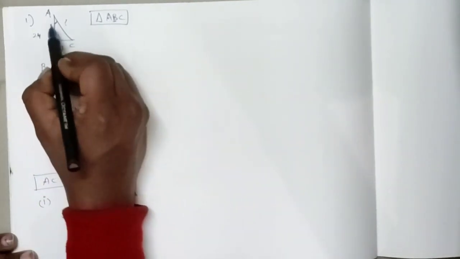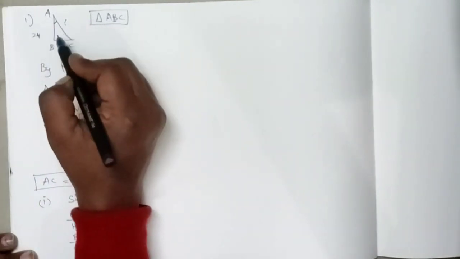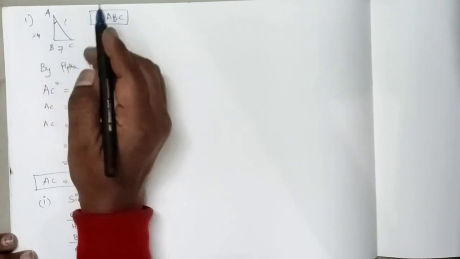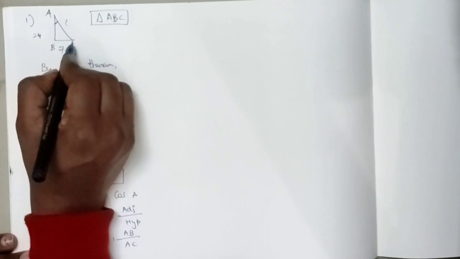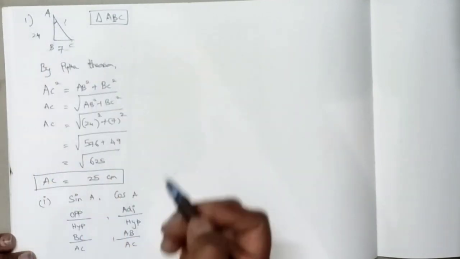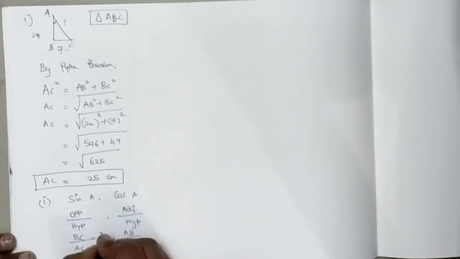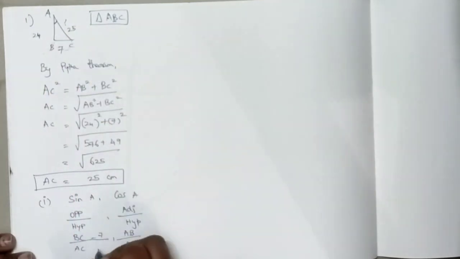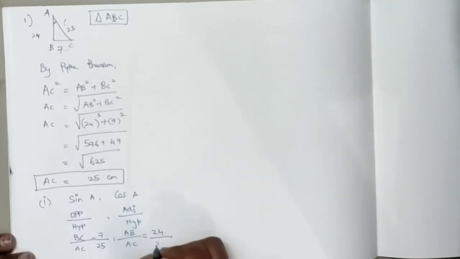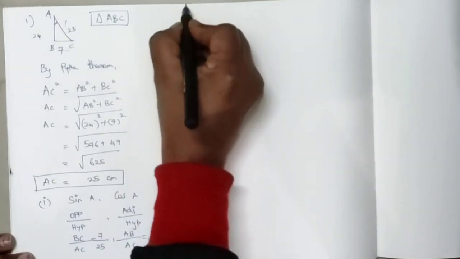BC is opposite to angle A and AB is adjacent to angle A. BC does not touch the angle in any way, so that is the opposite side. So sin A is 7 by 25 and cos A is 24 divided by 25. That's it. We have solved the first one.